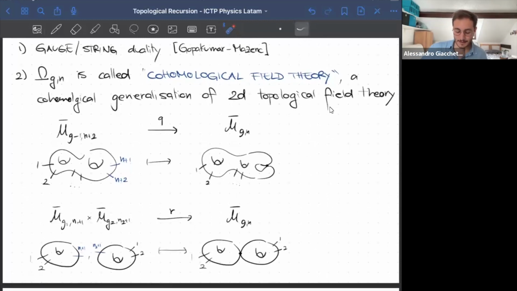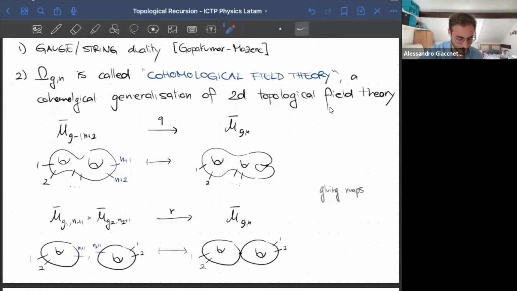And what is this all about? Well, the main point is that at the level of moduli spaces, there are some maps between all these moduli spaces. These are called gluing maps. So, for example, let's look at this first line.